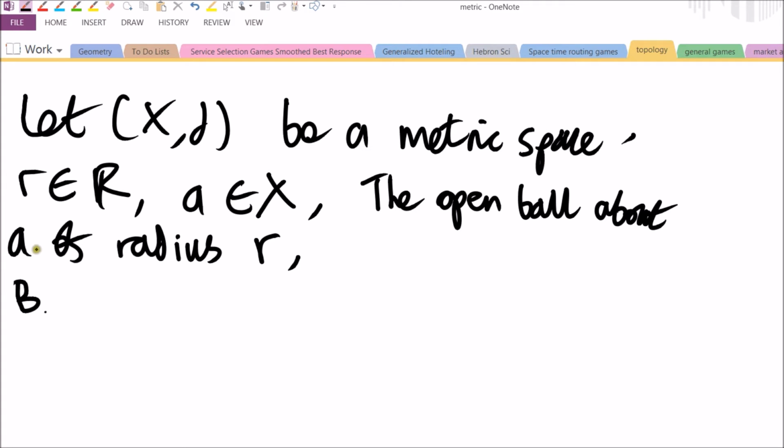We're going to write it as capital B subscript r of a, and it's just equal to the set of all points which are within a distance r of a in our metric space.